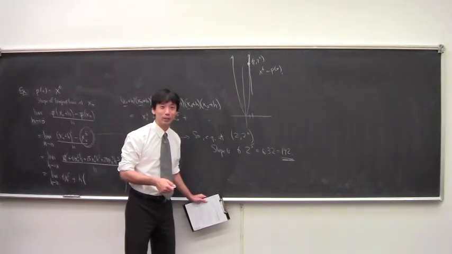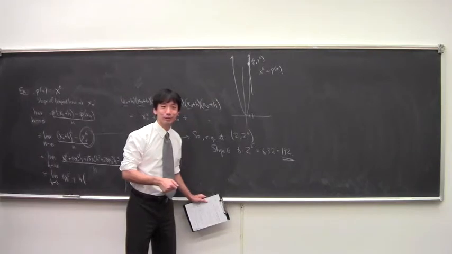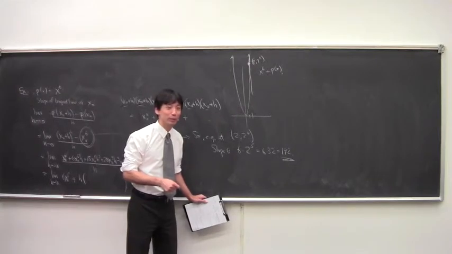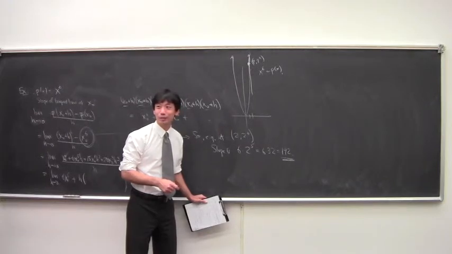I have a point, I have a slope. So what's the equation of the line? Those of you who have been in this class? Equation of a line.